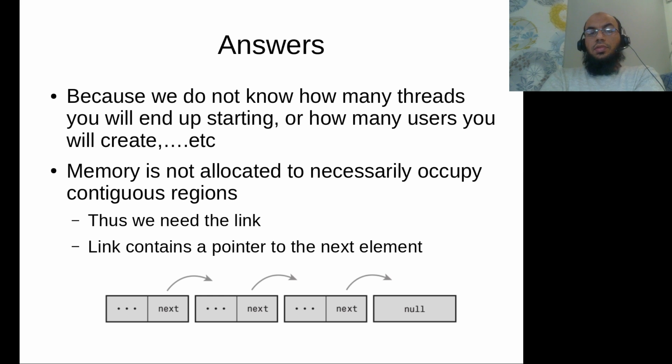And since memory is not necessarily allocated to occupy contiguous regions, because you start allocating some memory for some threads, and then for 3 days you're not really adding any threads, and then you start adding new threads. So you do not really have contiguous regions in the memory, which has implications on your performance.